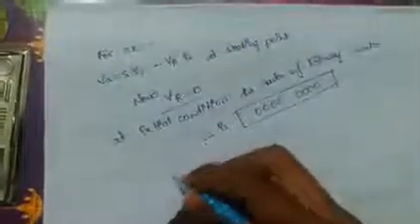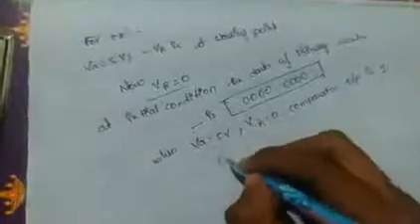Now when VA is equal to 5 volts and VR is equal to 0, VA is greater than VR, so the comparator output is 1 and the counter starts counting.